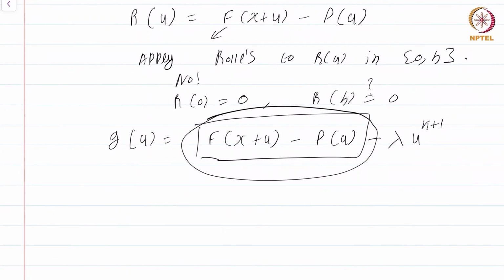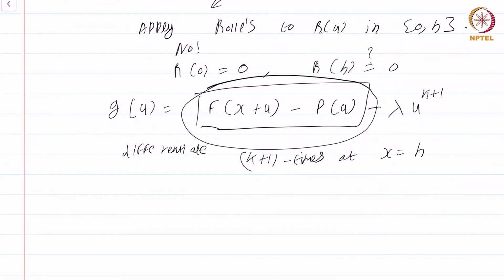Now, how do we determine what this lambda is? Well, simple. Differentiate k plus 1 times at x equal to h. Or rather, you don't have to do all that. Sorry about that.